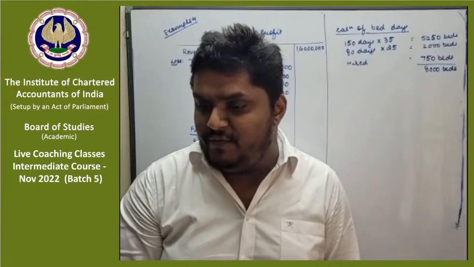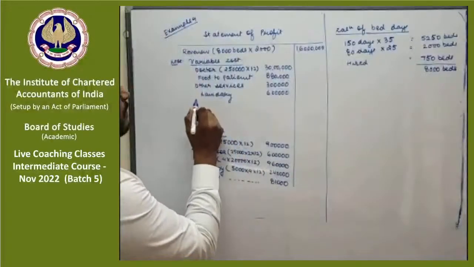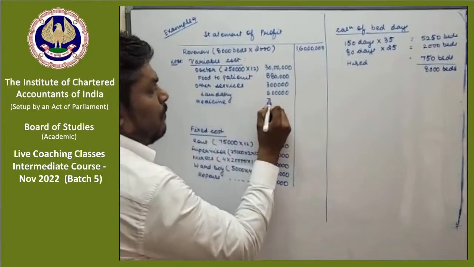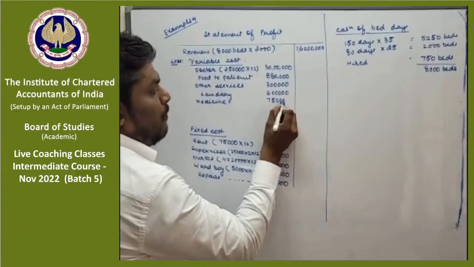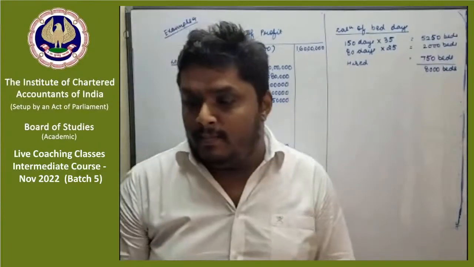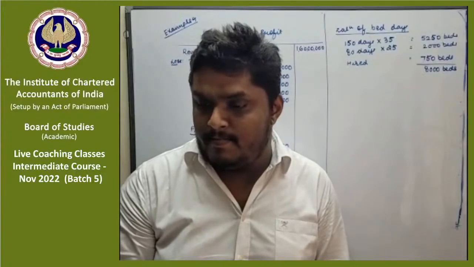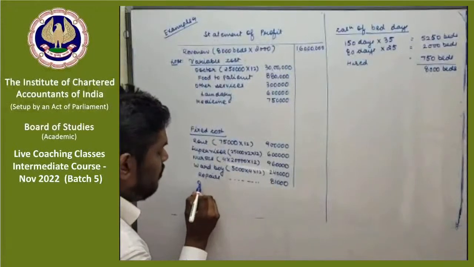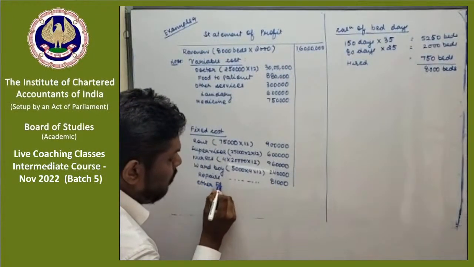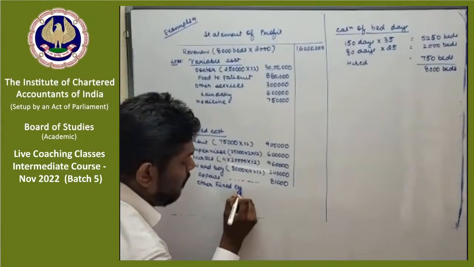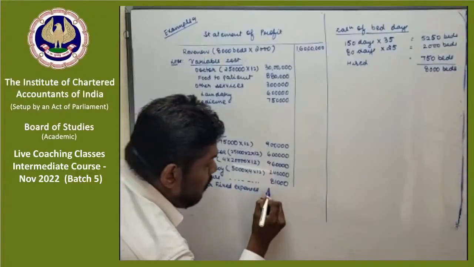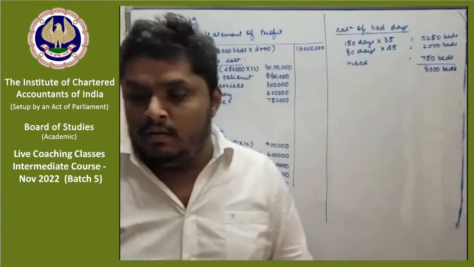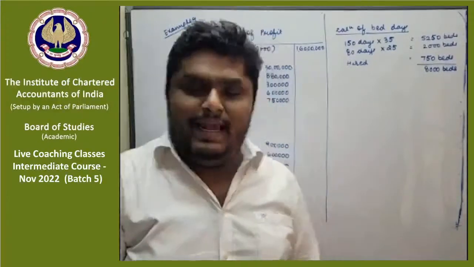Medicine 7,50,000 variable. Other fixed expenses 10,80,000. Administration expenses 10 lakh.